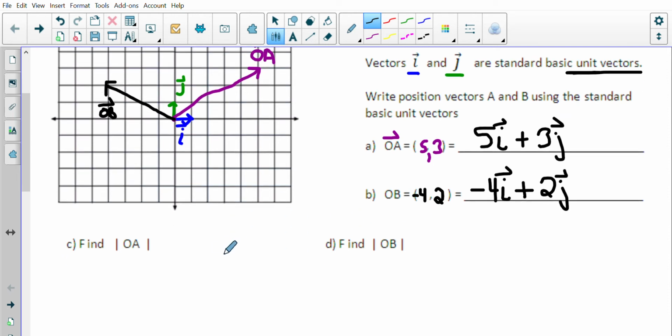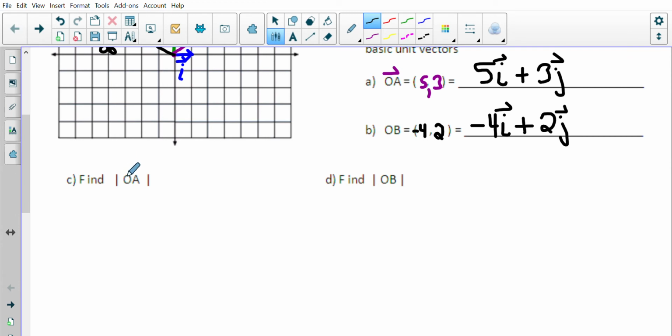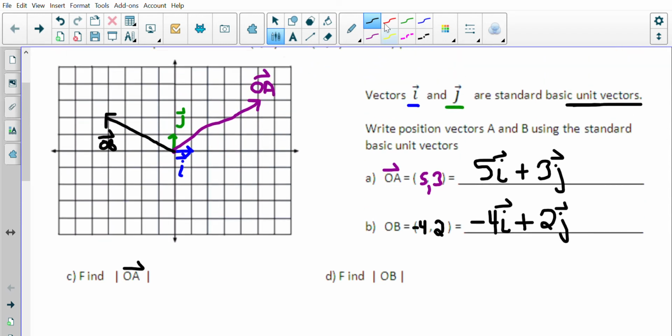Now, looking at finding the magnitude, we have the magnitude of OA. If I'm going to find the magnitude of OA, I'm just going to use the fact that I could create a right-angled triangle and use the Pythagorean theorem. So the magnitude of that vector OA is the square root of 5 squared plus 3 squared, the length of the other side.